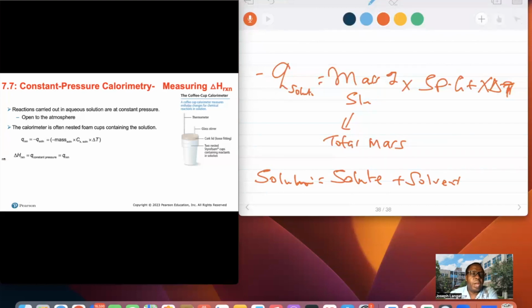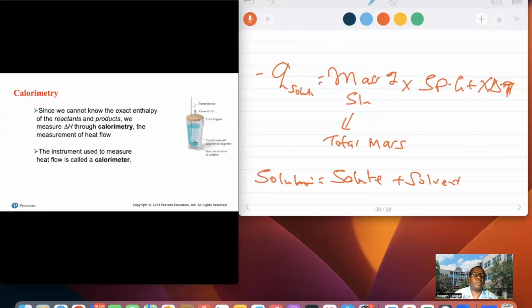So enthalpy of reaction is the same as the Q for the reaction. That is the heat of reaction is the same at constant pressure. And to get the change in enthalpy of reaction, you divide by the number of moles.